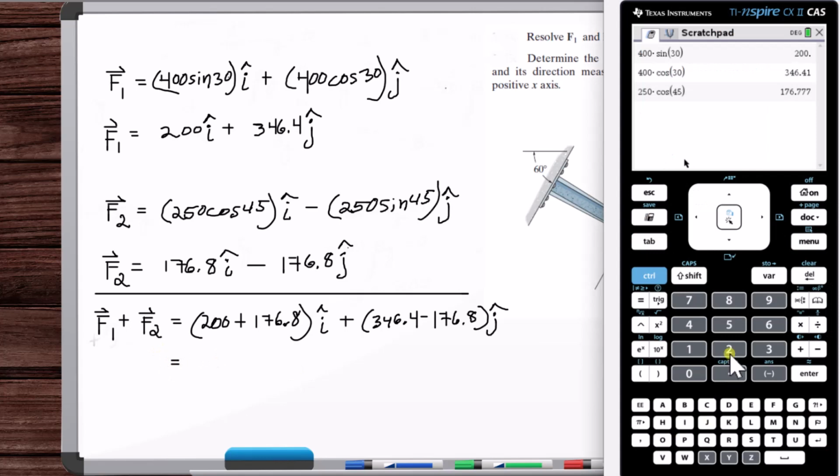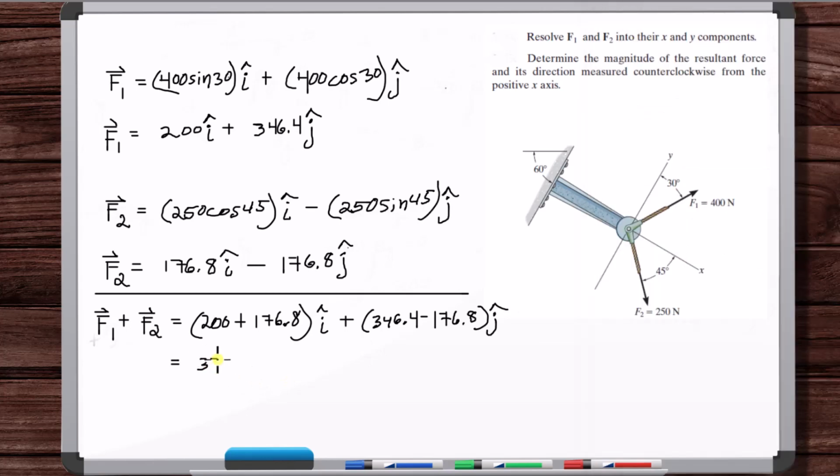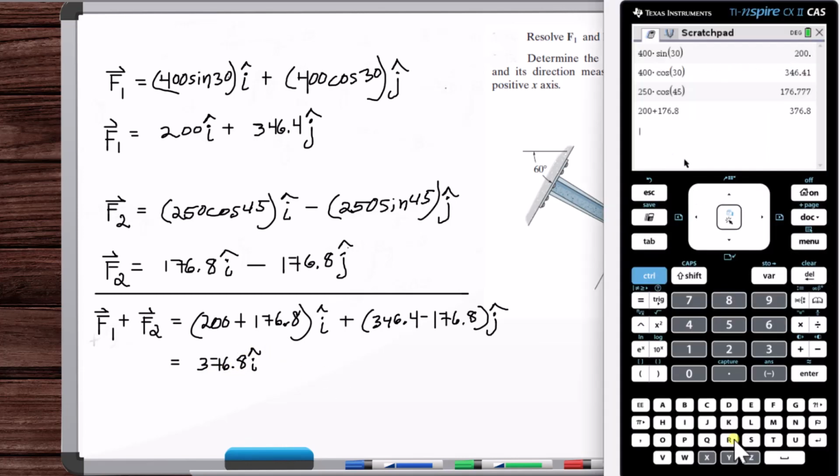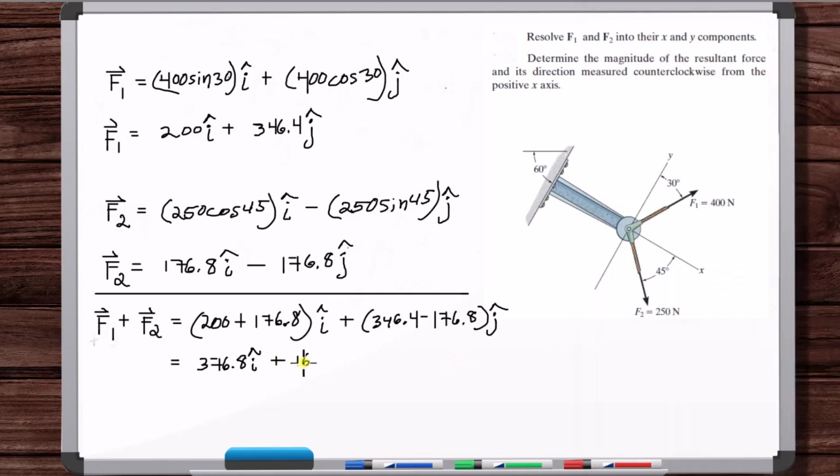Okay, so 200 plus 176.8, 376.8. And then 346.4 minus 176.8, 169.6. Okay, so that's F1 plus F2.